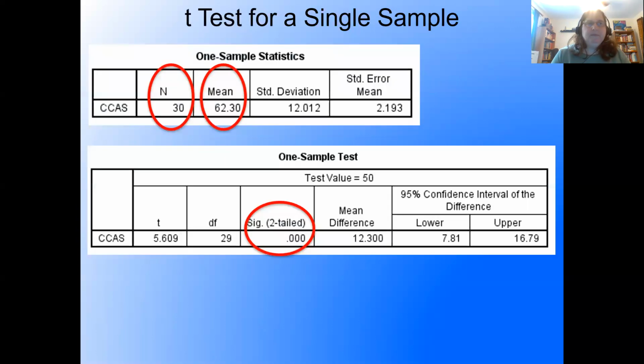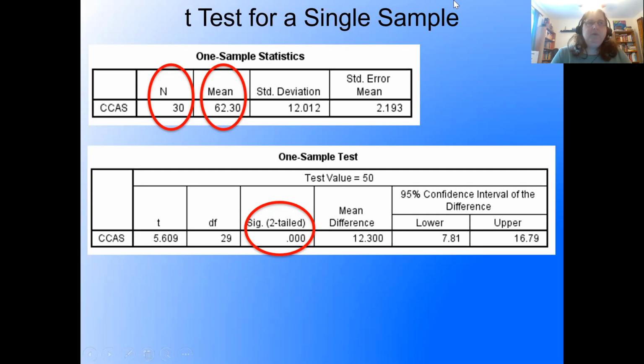Okay. So with that introduction underway, let's start by talking about the t-test for a single sample. Now, if you remember, the t-test for a single sample compares the population mean to the sample mean.